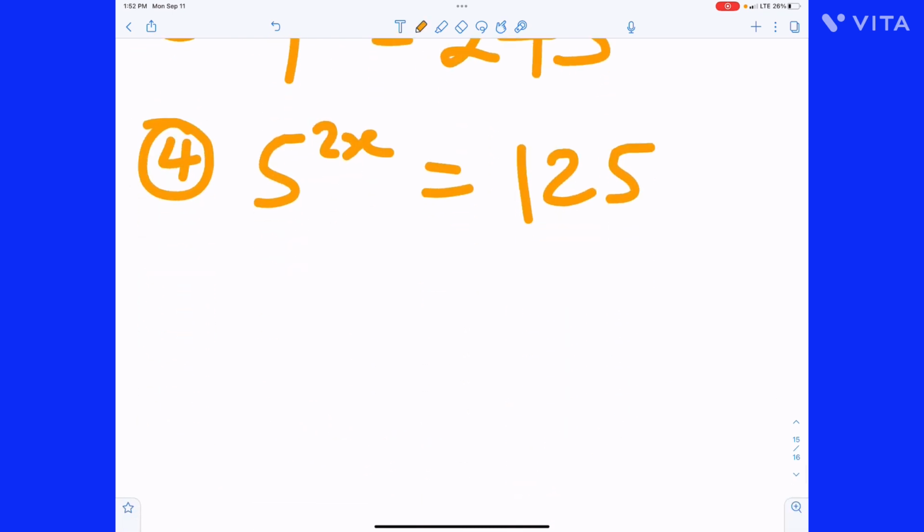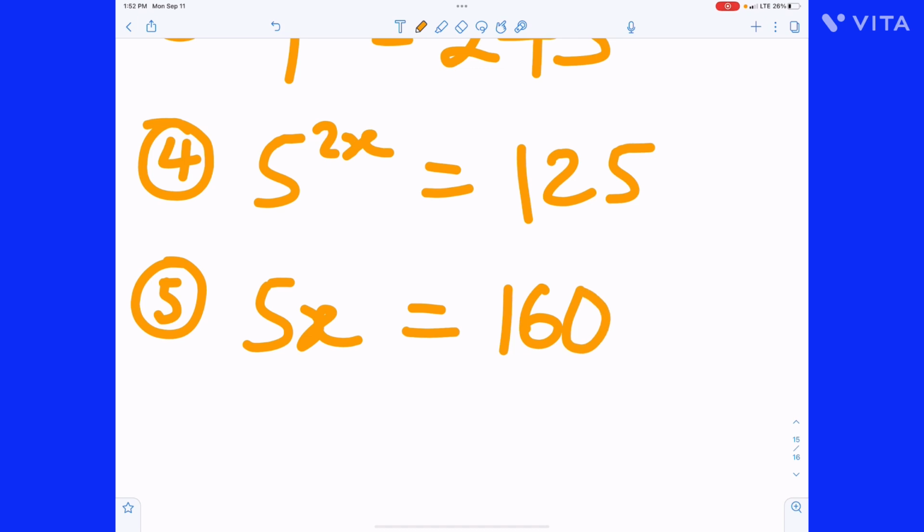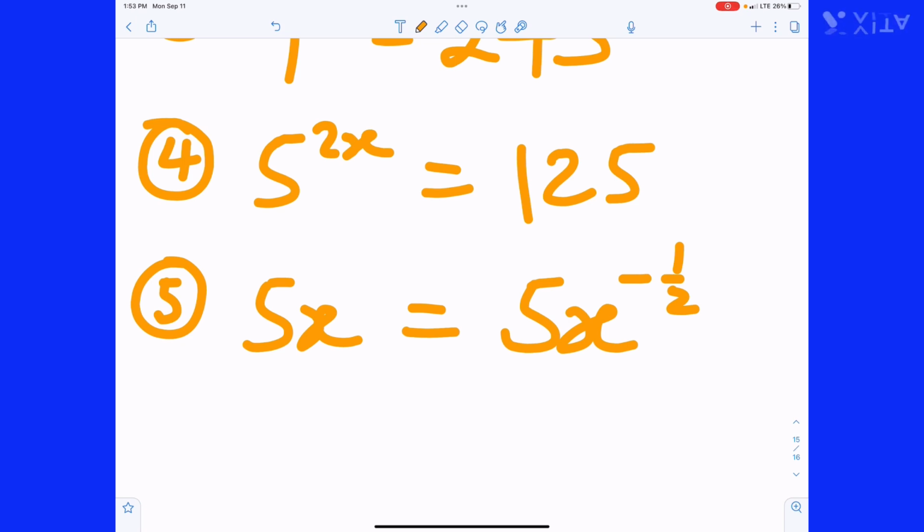Let's make ours number 5. Let's make our 5x is equal to 5x raised to power minus half. I think that will not be too difficult.